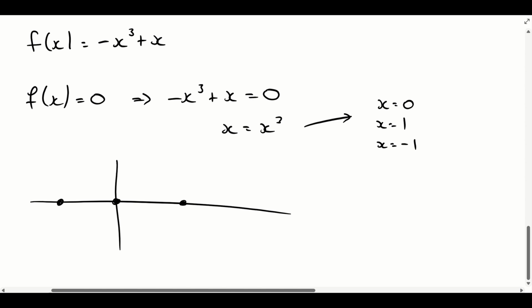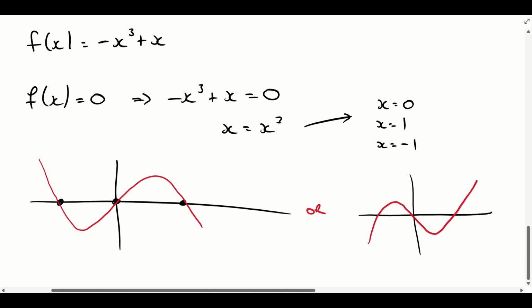Now, if I want to think about what could be happening here, it could either be going like this, or it could be going something like this. Now, look, we could work out pretty quickly and easily which one it's going to be as I make x really, really, really positive.